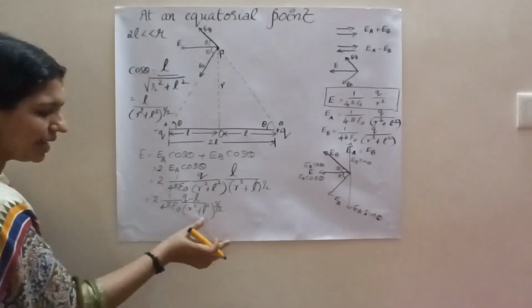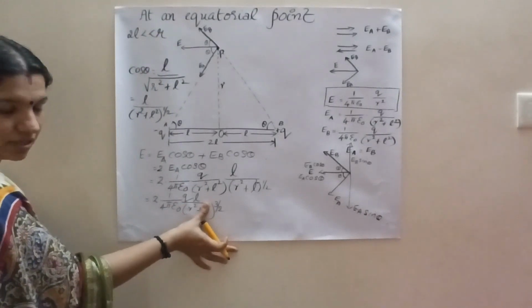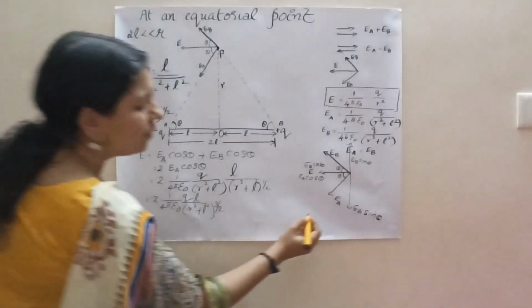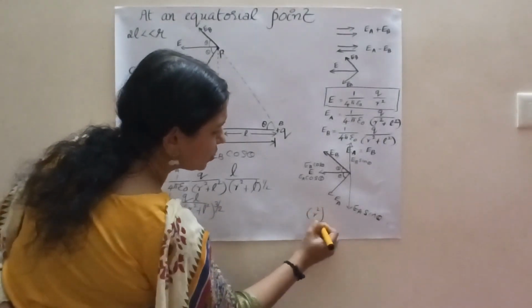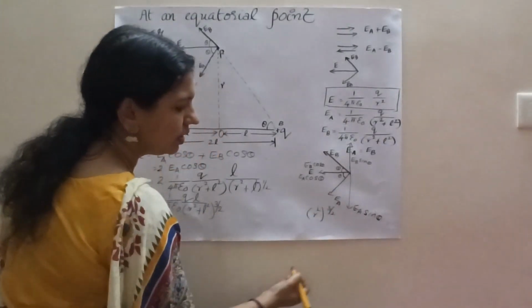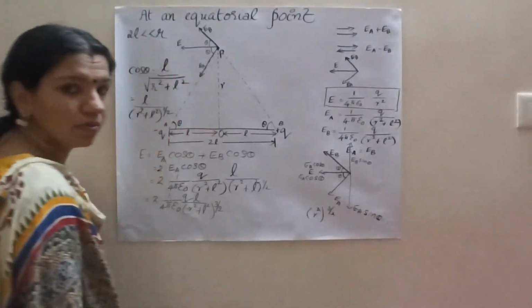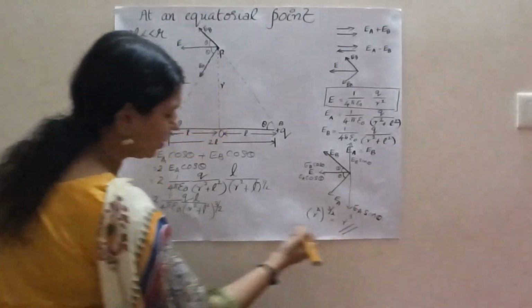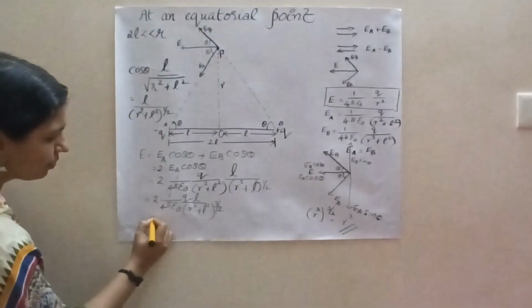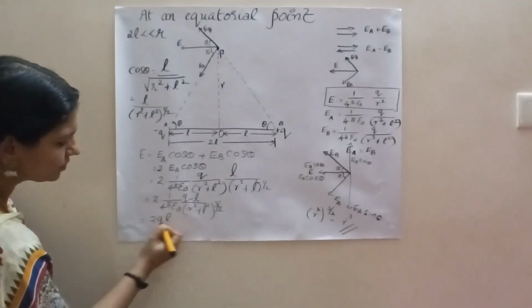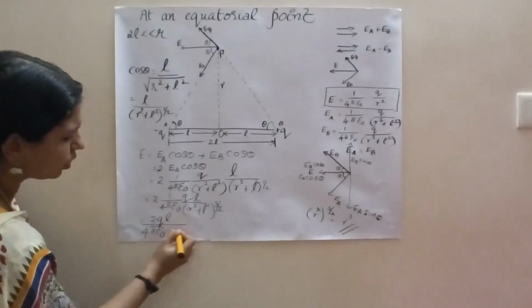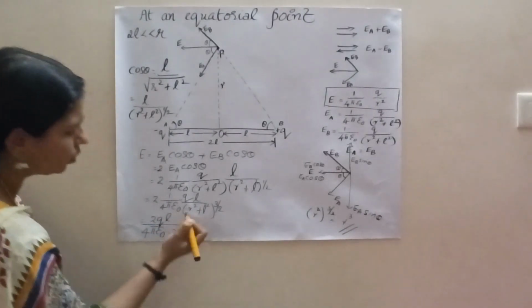So in such a case, this L square will get neglected, remaining R square the whole raised to 3 by 2. What is R square the whole raised to 3 by 2? Listen, 2 will cancel, so finally you will get R cube. So this will become 2QL divided by 4 pi epsilon 0 R cube.